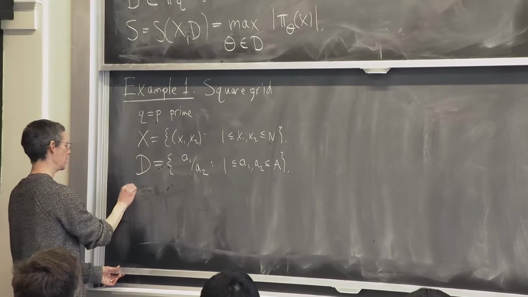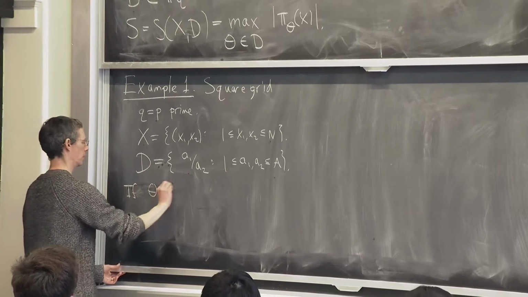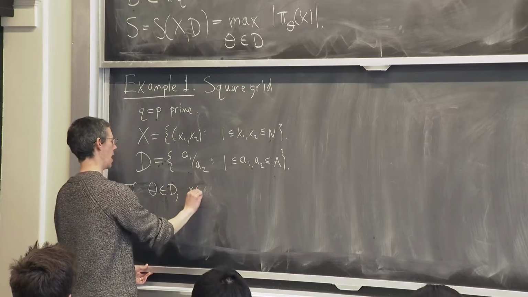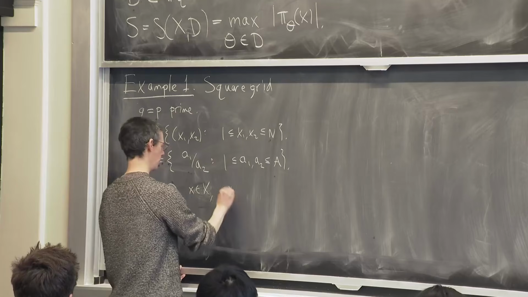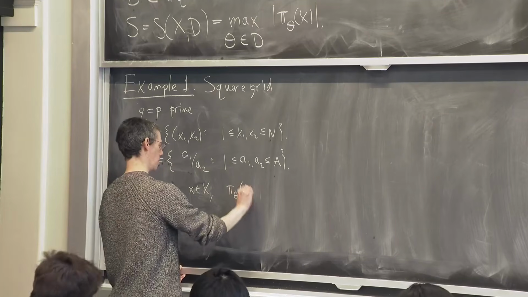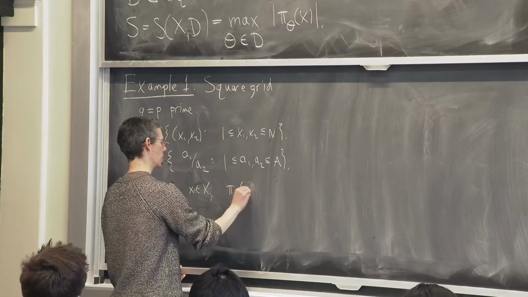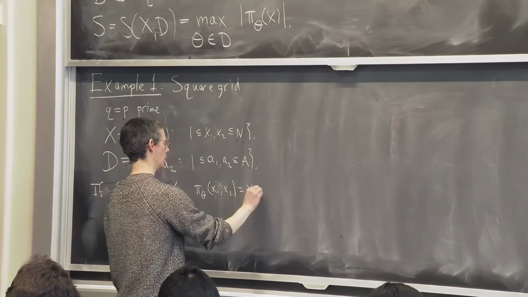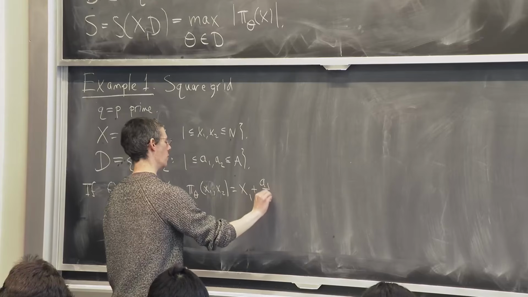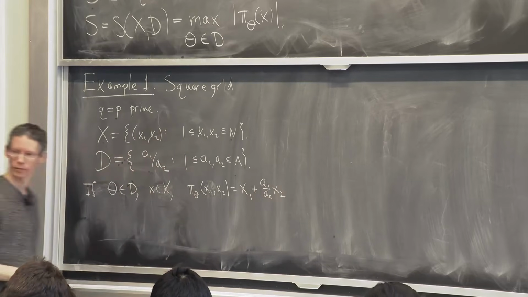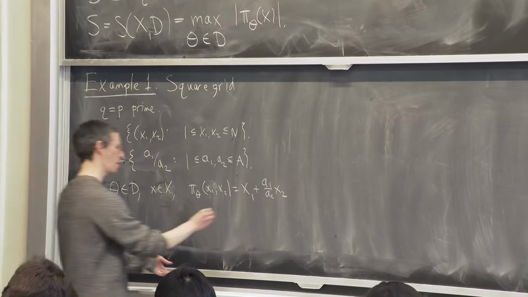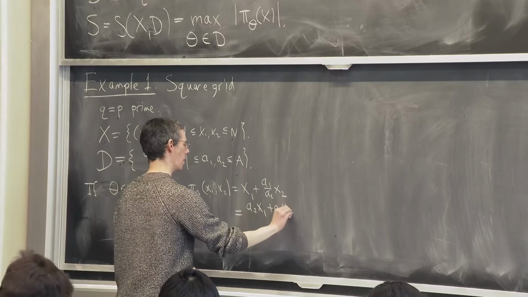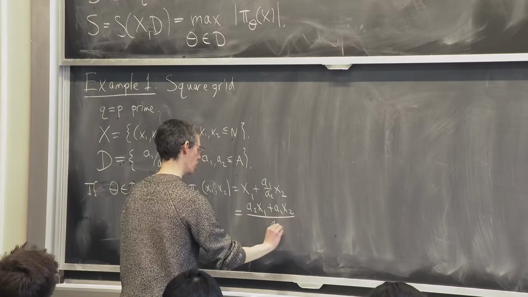So if theta is in D, and x is in X, so if I take pi theta of (x1, x2), then I get x1 plus a1 over a2 times x2. And I'm going to put it over a common denominator. So it's (a2 x1 plus a1 x2) over a2.